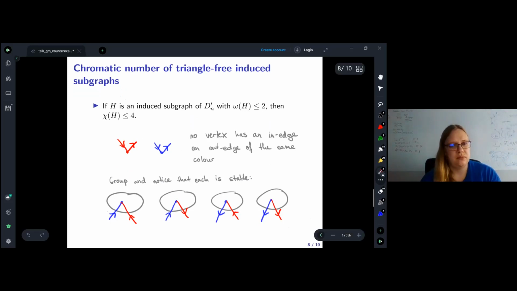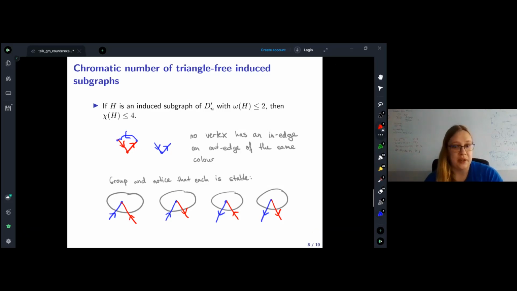Now, that means no vertex has both a red in neighbor and a red out neighbor, because we said just a second ago, if we have a 2-edged red path, then there would be a blue edge here, but we're supposed to be triangle free, so that doesn't happen. And likewise, nobody has a blue in neighbor and a blue out neighbor, because if there's a 2-edged blue path, then there would be an edge here, but H is triangle free, and that's not allowed.